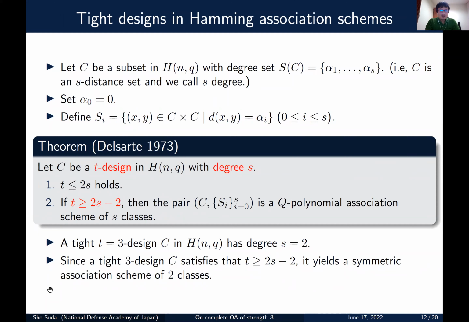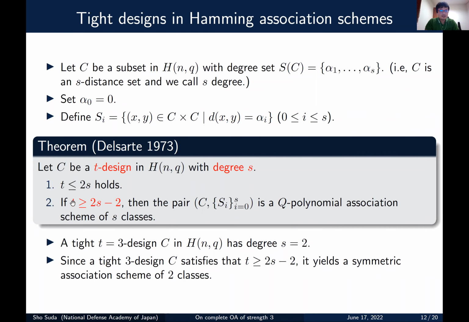How did Noda obtain his result? He used Delsarte theory. Delsarte theory is about t-designs with degree s when t is close to 2s. Actually, Delsarte shows the strength t is at most twice s.